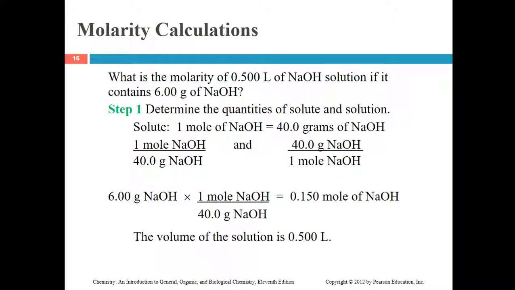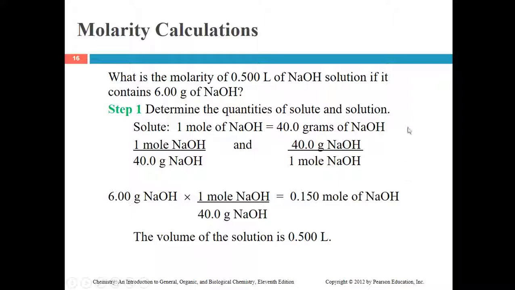What is the molarity of 0.500 liters of NaOH solution if it contains 4 grams of our sodium hydroxide? Well, if you remember, our formula for molarity is moles over liter. So we have to convert from grams of sodium hydroxide to moles of sodium hydroxide.